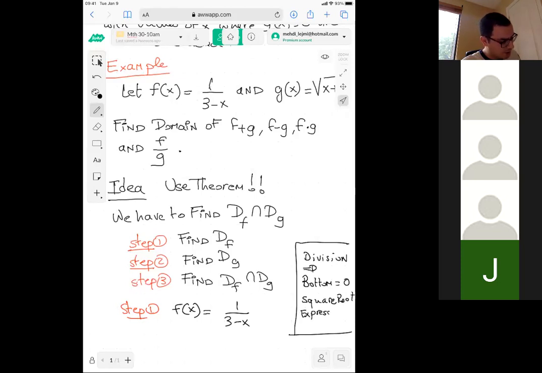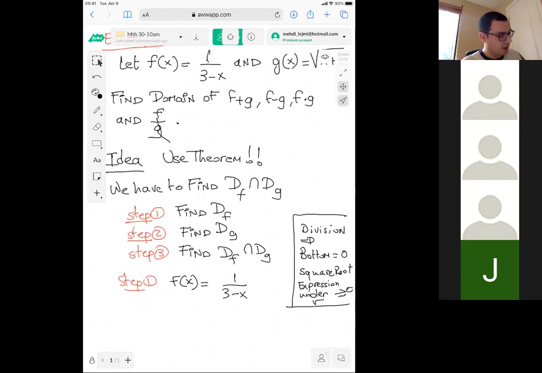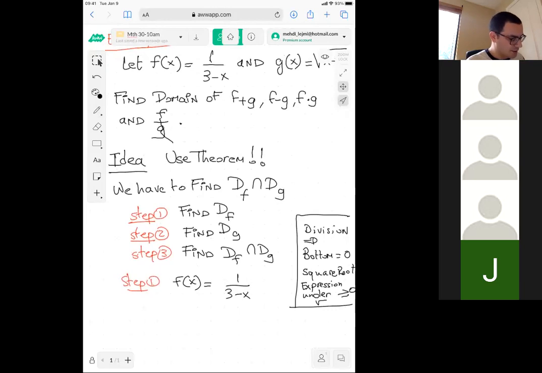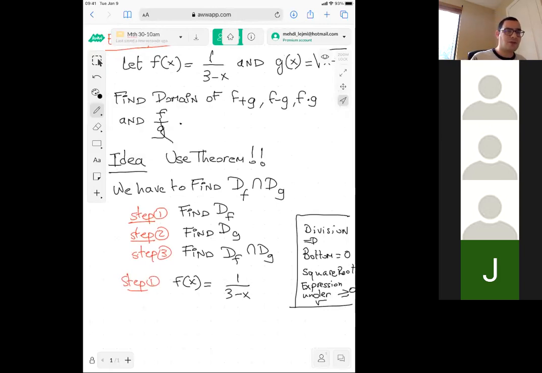Like here, f is a fraction, so it's a division. So all I have to do is solve the bottom equal to 0. Of course, guys, please feel free to ask questions and interrupt me, all right?